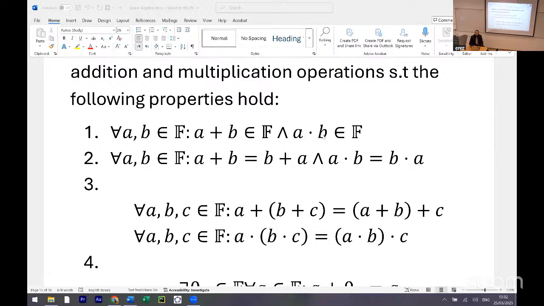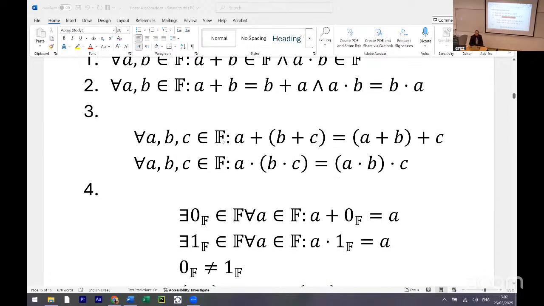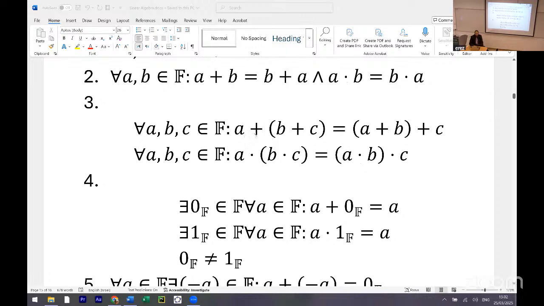The sum and the product of two numbers is a number, and multiplication and addition are commutative. Then the associative law: if I do the same operation twice, the order of the parentheses does not matter.